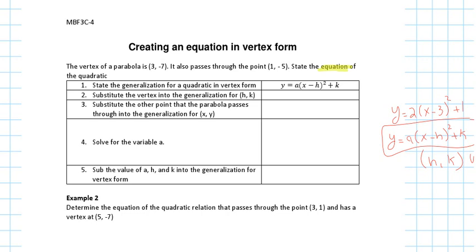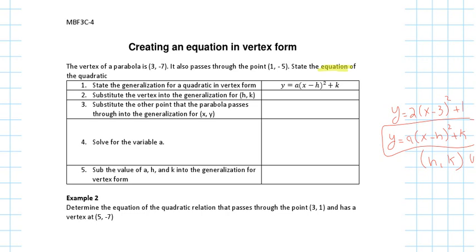The vertex form. Remember that I told you at the beginning, there are going to be 3 different forms that we're going to talk about. If I'm giving you the vertex, then you have to start with the vertex form. So far, we've only talked about the vertex form. But later in the exam, you're going to have to know which one to use.